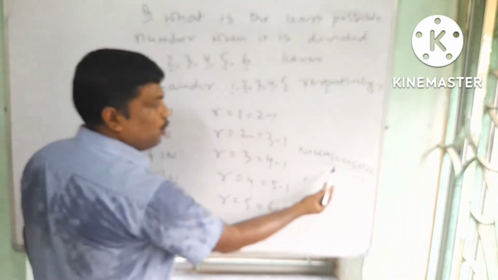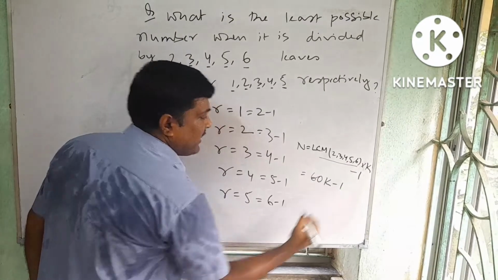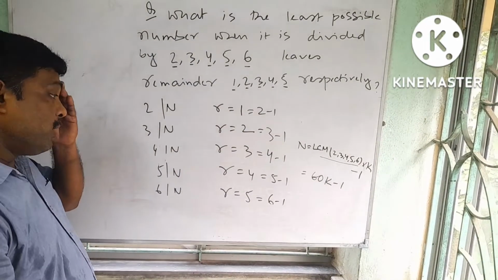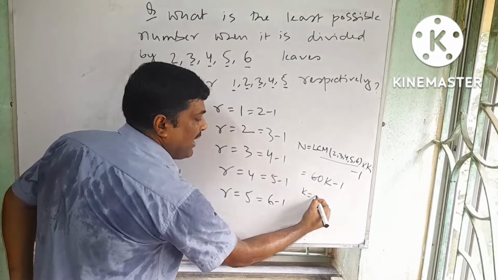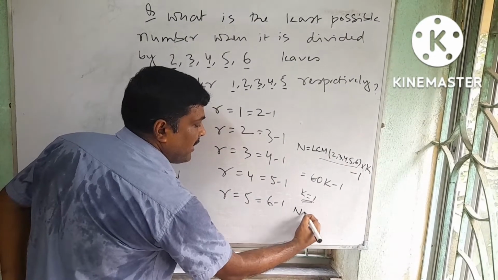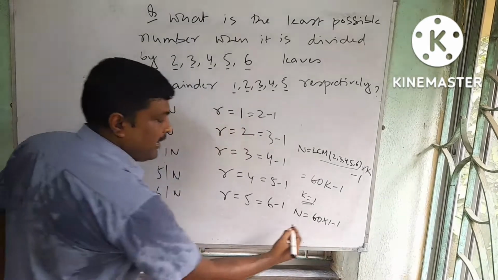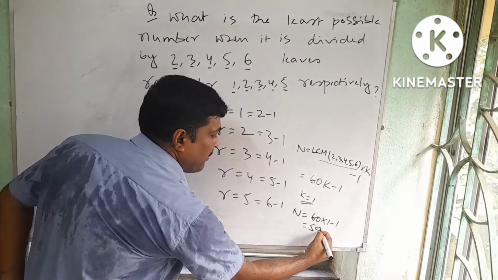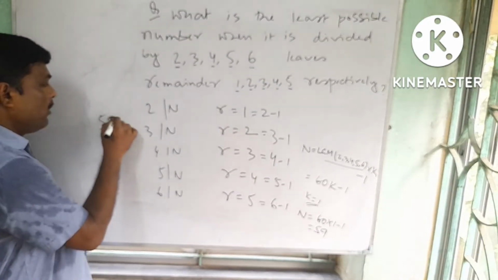Now LCM of 2, 3, 4, 5, 6 is 60. So n equals 60k minus 1. Now least possible number, so take k equals 1. In that case, the answer is 60 into 1 minus 1, it is 59. So the answer is 59. Okay.